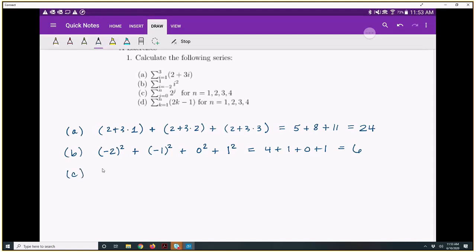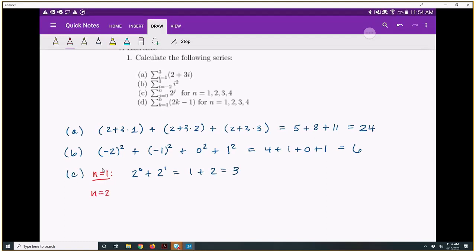Part C, find the sum j goes from 0 to n of 2 to the j for n equals 1, 2, 3, and 4. So we're actually going to find this sum for multiple terminal indexes. So first, if my terminal index is 1, then my sum will be 2 to the 0 plus 2 to the 1, which is 1 plus 2, which is 3.